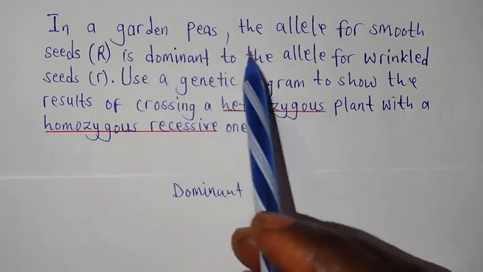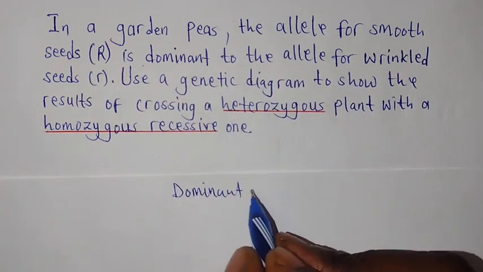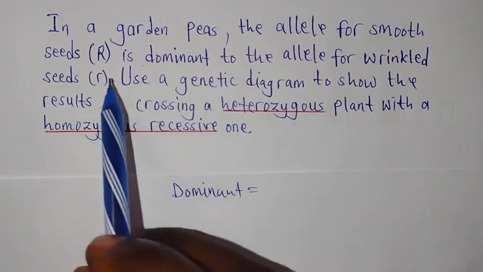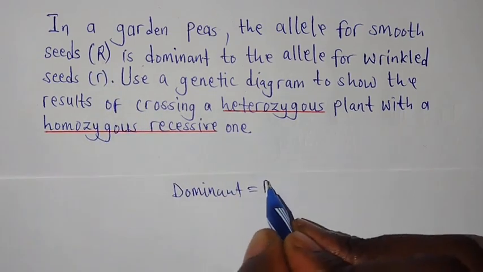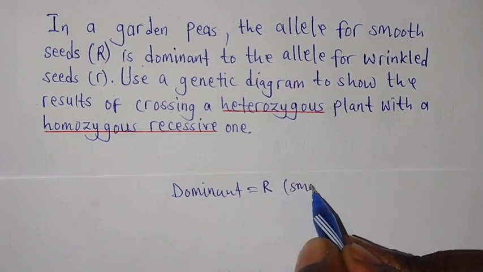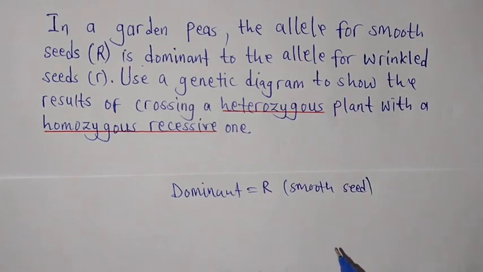In this question they are saying the allele for smooth seed is dominant. Dominant alleles are written using capital letters, so you can see a capital letter R, which represents smooth seed. Very important to understand this information.